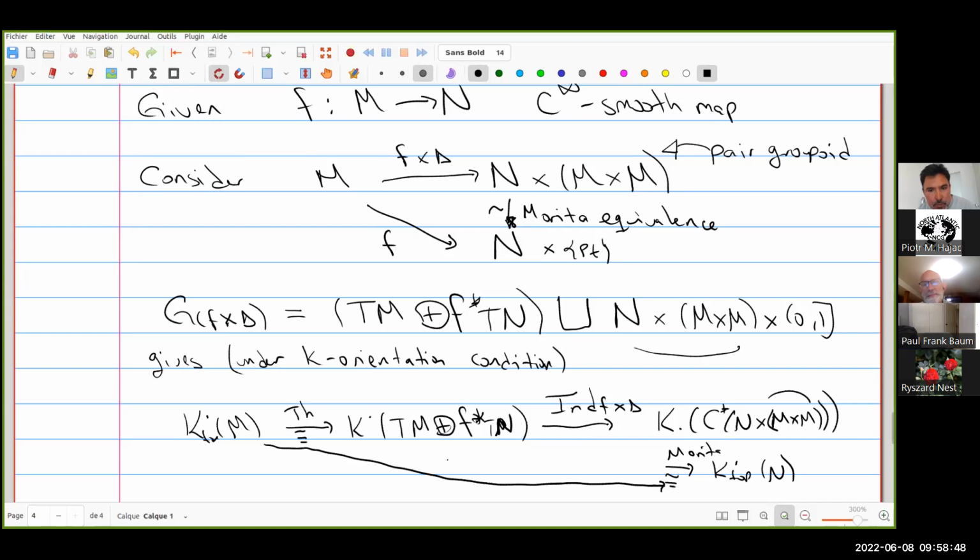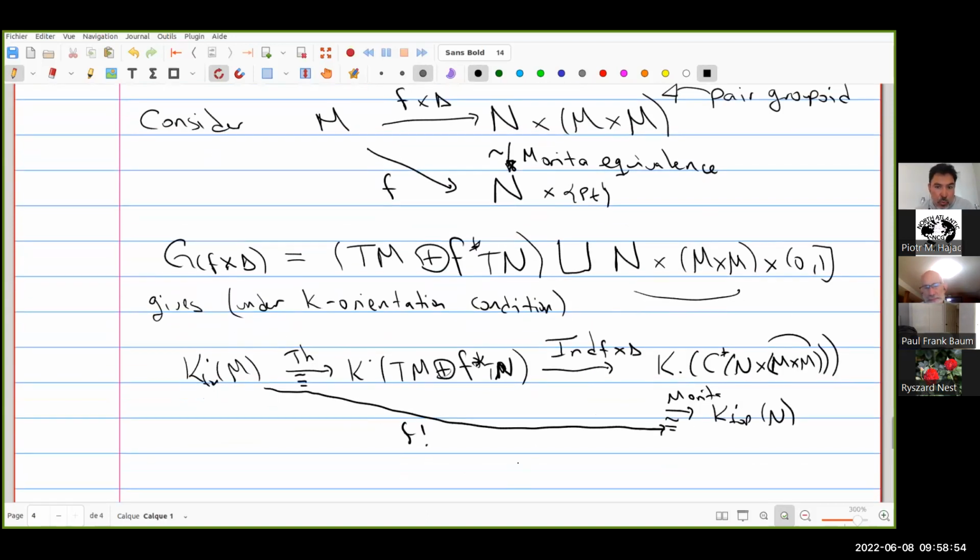So up to here is F Schrick. Of course one can show, now that we understand it better, that at the time of Connes it was just sketchy, but this is the Atiyah family index in this case, if M and N are compact.